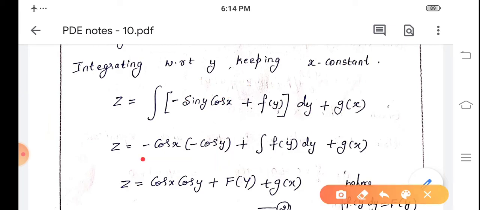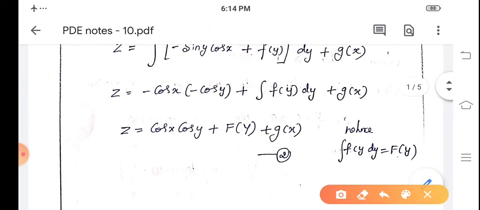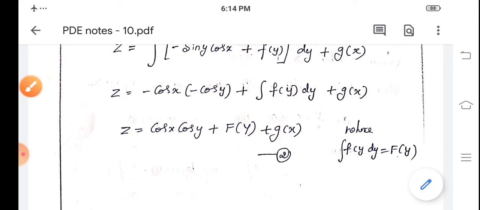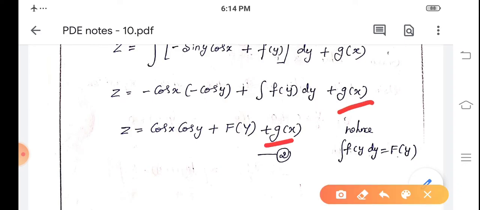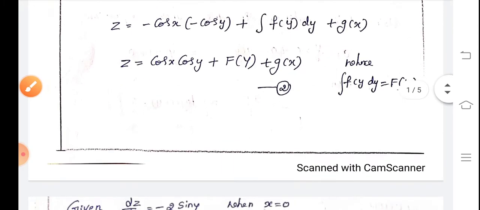So z = -cos x into -cos y plus integration of f(y) dy plus g(x). Or we write it as z = cos x cos y + F(y) + g(x), where capital F of y is integration of f(y) dy. Take it as equation number 2.